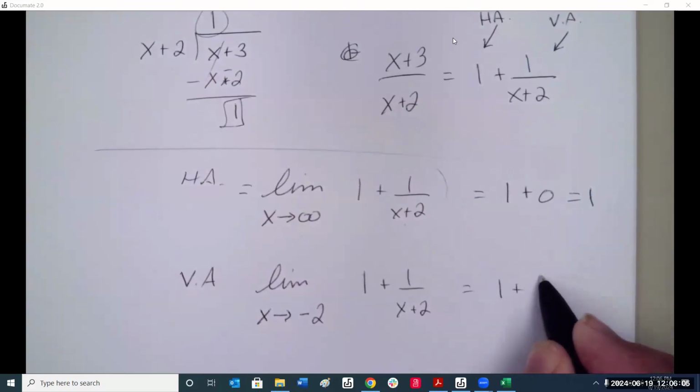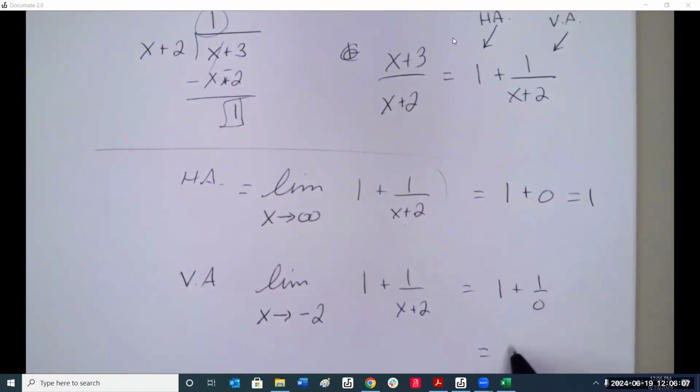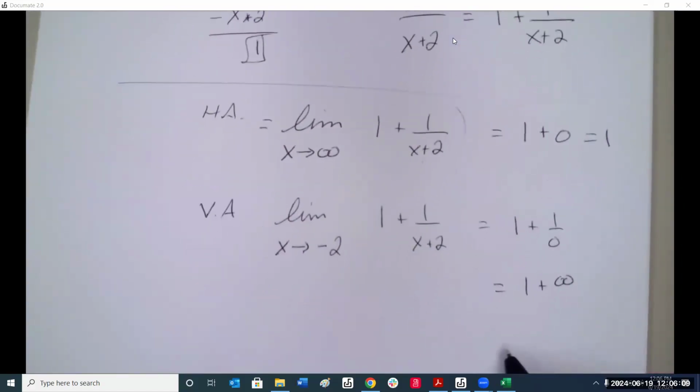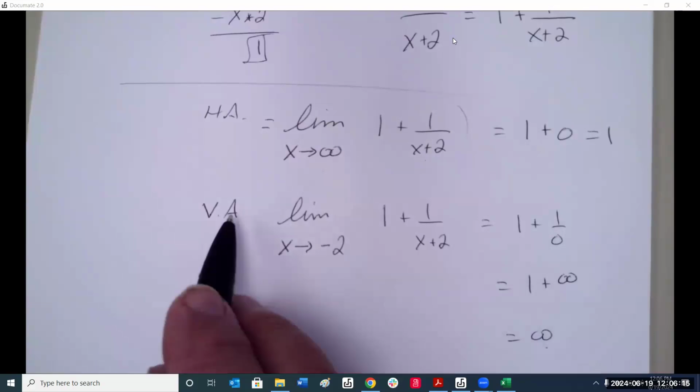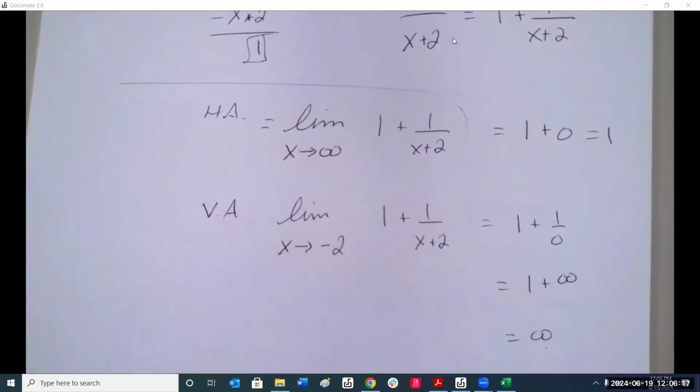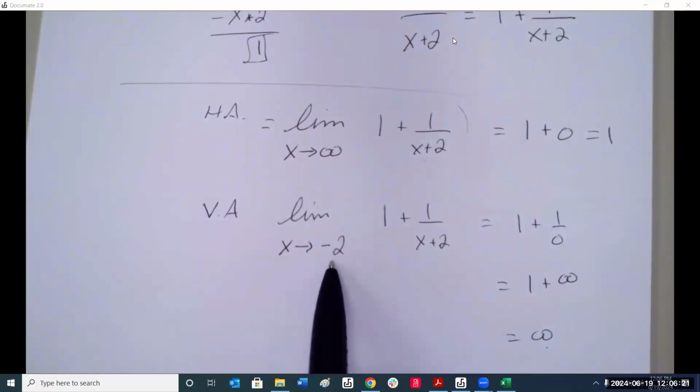There's 1 plus 1 over 0, which is 1 plus infinity, which is infinity. Which defines this as a vertical asymptote, because as we go to -2, our value goes to infinity.